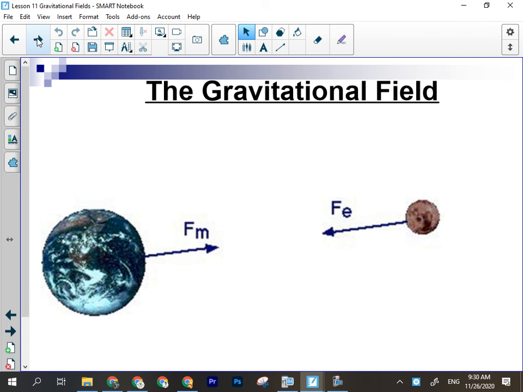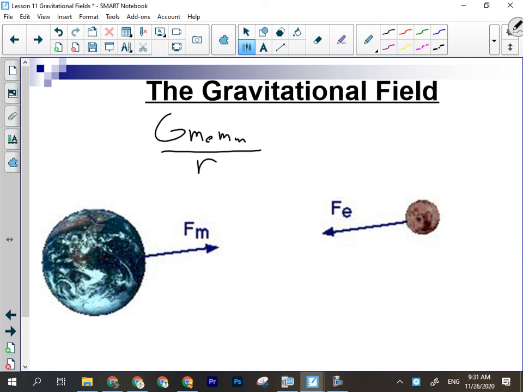So we've got the Earth and we've got the Moon. They exert a mutual gravitational force on each other that is equal to big G times the mass of the Earth times the mass of the Moon over r squared. Everybody all right with that? Yesterday we were setting that equal to centripetal force. Today we're going to set it equal to gravity.